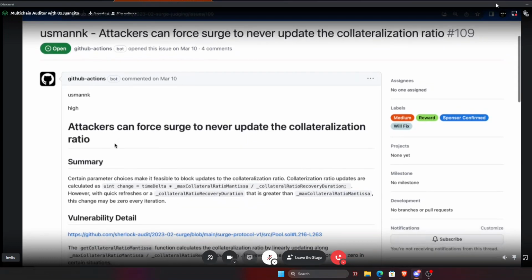What's important about cheaper chains is that you might have a bot or some automated function that performs the attack over and over and over again, and you might prevent some user from being liquidated, let's say. And if you prevent some user from being liquidated over time, over 1 hour, over 2 hours, over 1 day, you might find that the impact is higher than if you just prevent it one time.